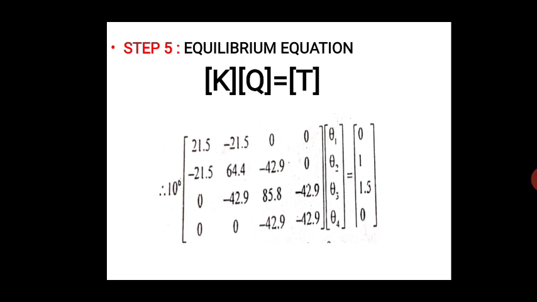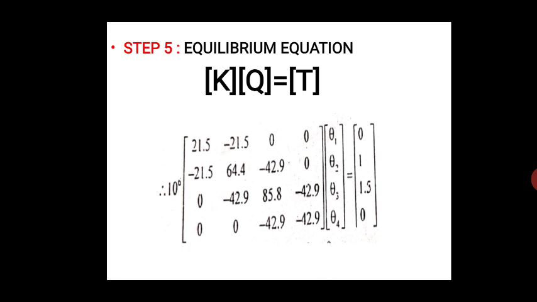The global stiffness matrix we can represent as 10 raised to 6 times [21.5, -21.5, 0, 0; -21.5, 64.4, -42.9, 0; 0, -42.9, 85.8, -42.9; 0, 0, -42.9, -42.9] into the angular displacement vector theta 1, theta 2, theta 3 and theta 4.